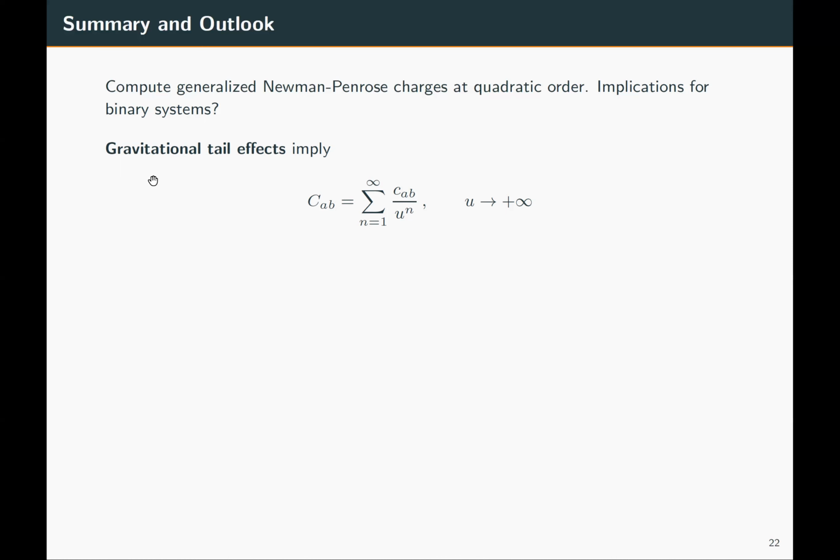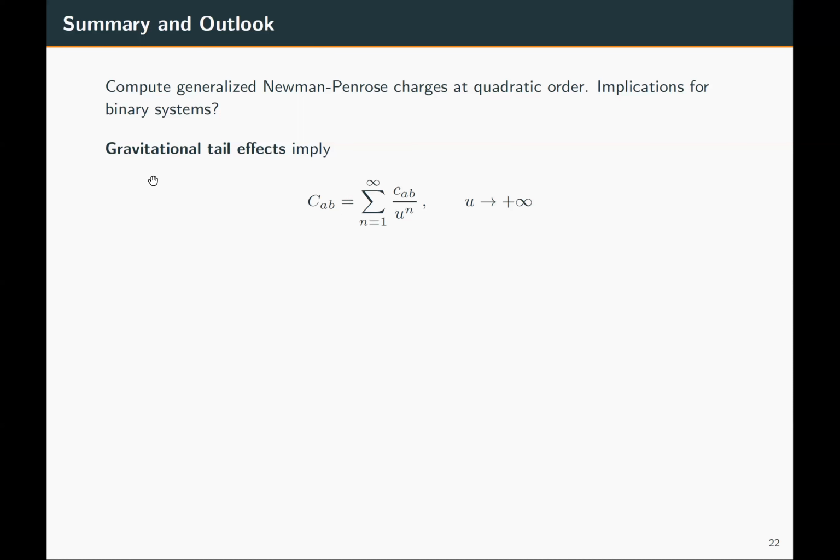Let me tell you what a tail effect is. You have some source which has some total mass m, which curves the spacetime around it. Now this source emits gravitons, which have to propagate in this curved spacetime. At any point in this potential, they can scatter back.